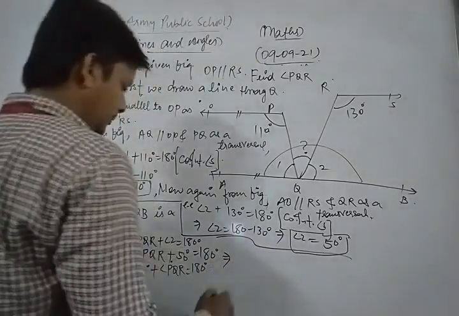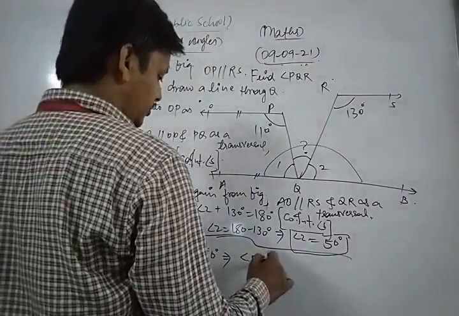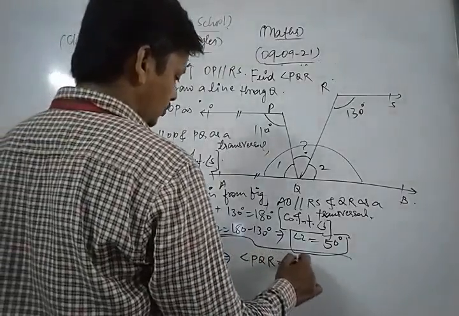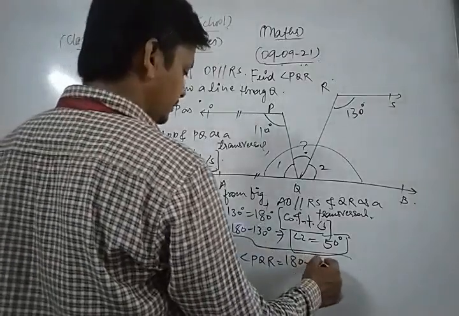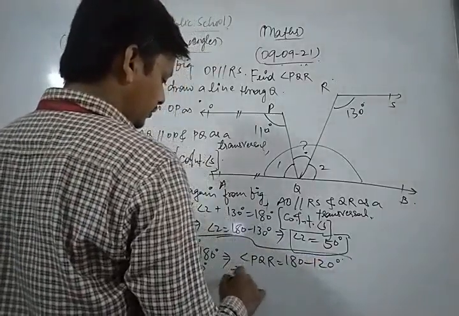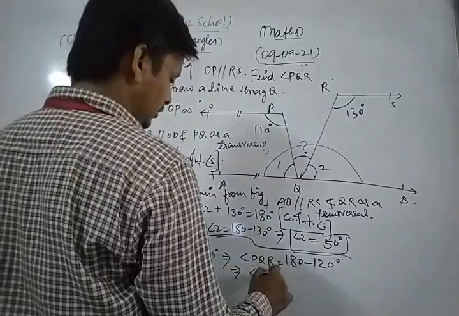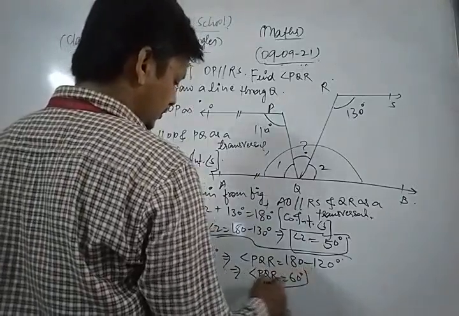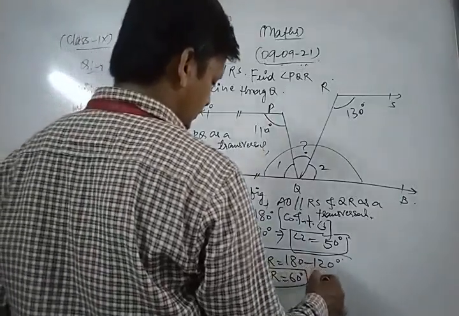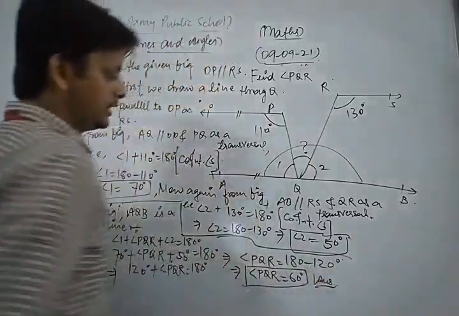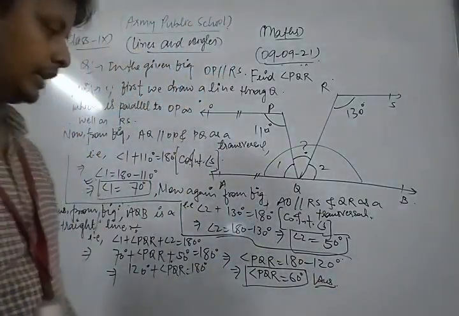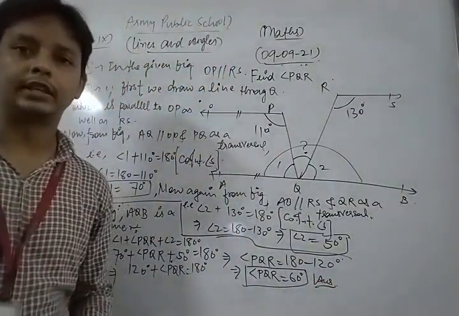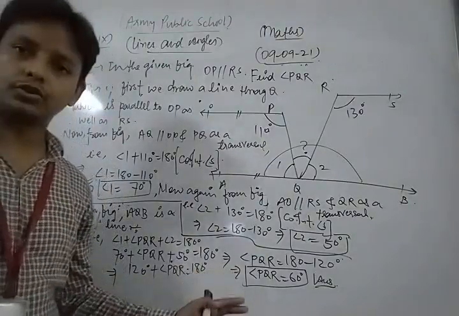So angle PQR is equal to 180 minus 120 degrees, so angle PQR is 60 degrees. This is the required solution of the given question.